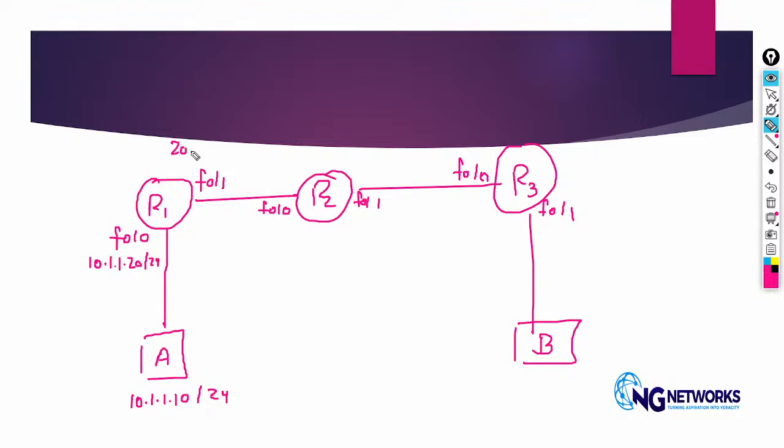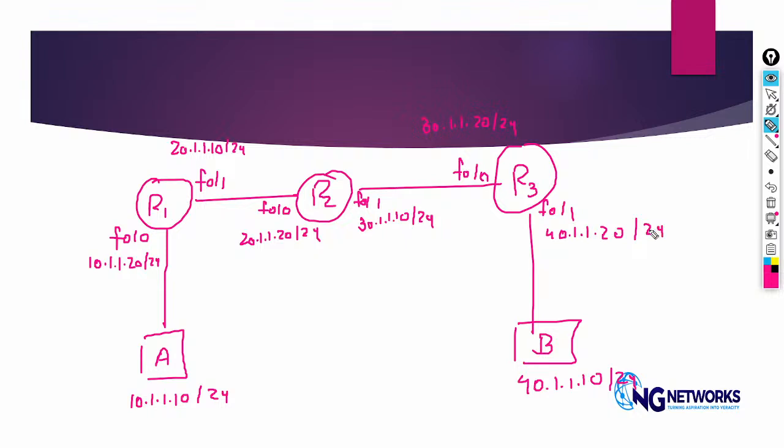Let me take IPs here as 20.1.1.10/24 and 20.1.1.20/24. Here I am taking 30.1.1.10/24 and 30.1.1.20/24. On the B device, I take 40.1.1.10/24, and on F0/1 I am taking 40.1.1.20/24. So this is the scenario.